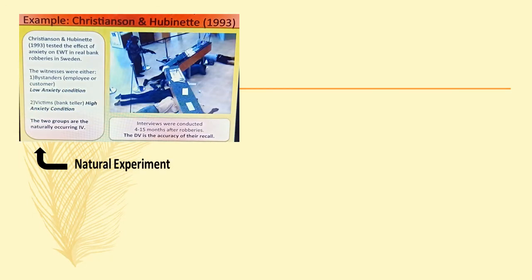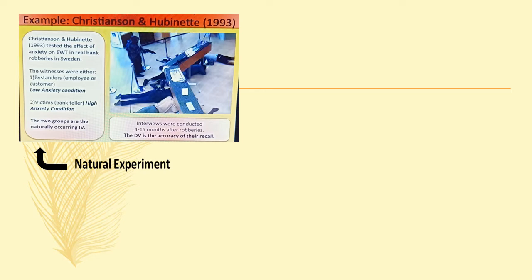Now the natural experiment. For example, Christensen and Hubinette in 1993 tested the effect of anxiety on EWT in real bank robberies in Sweden. The witnesses were either bystanders, that is employees or customers, who were in the low anxiety condition, and the victims, that is bank tellers, who were in the high anxiety condition. So the two groups are the naturally occurring independent variable.